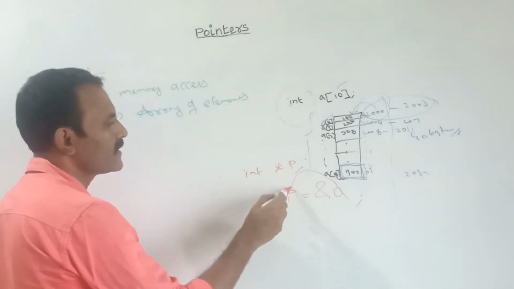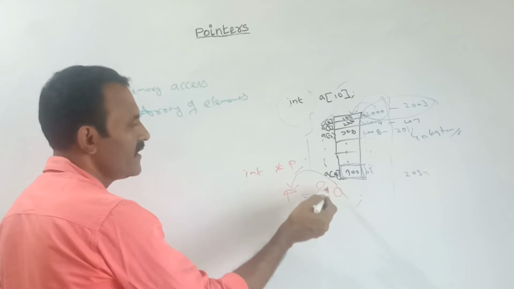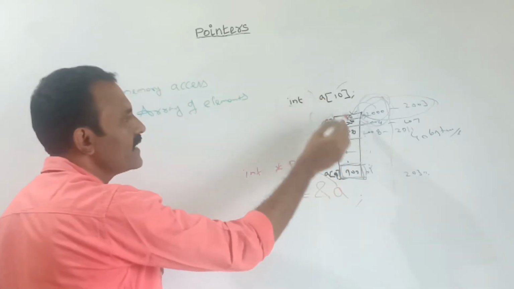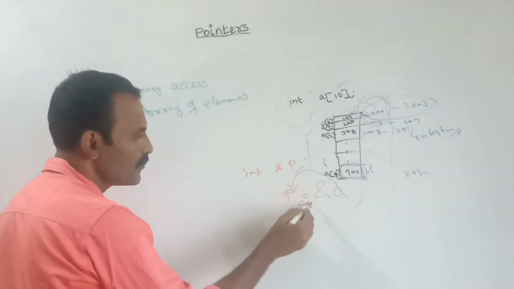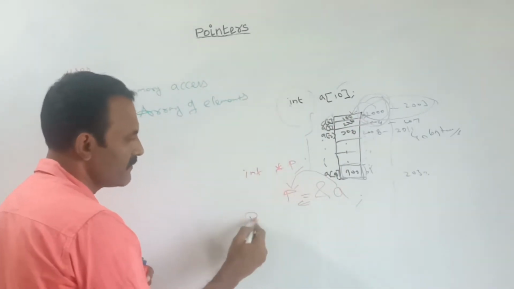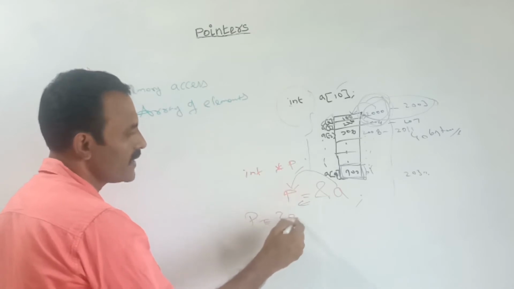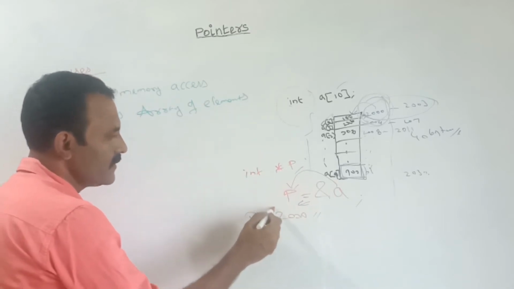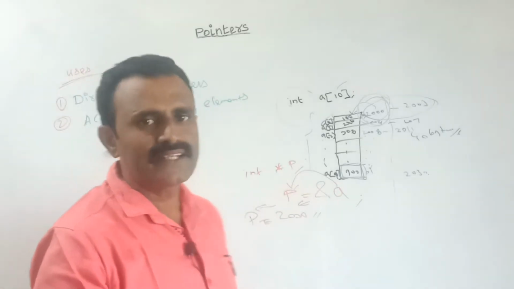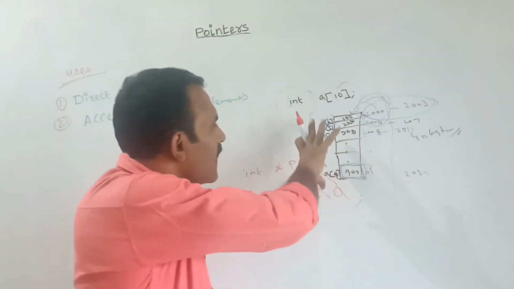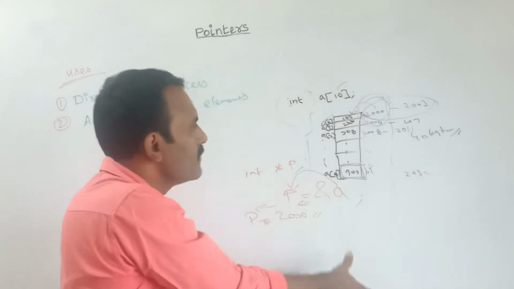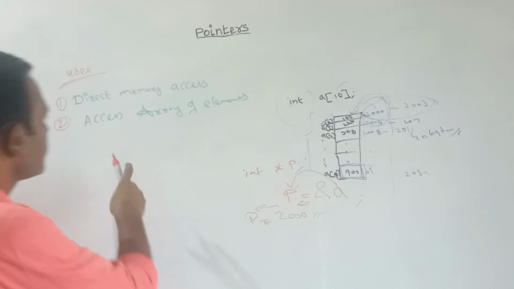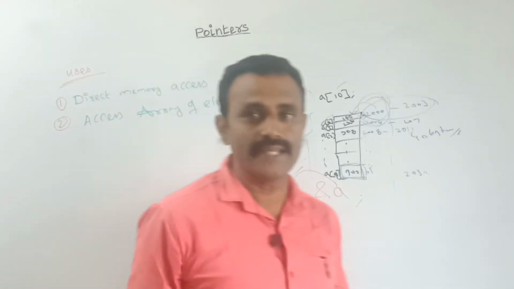If I am storing the address of A, then the starting address of the A variable will be stored in P. So what is the P value here? It stores the address 2000. If we catch the 2000, that's enough. From that we can access every element inside this array. So with the help of this pointer variable we can access the array of elements.